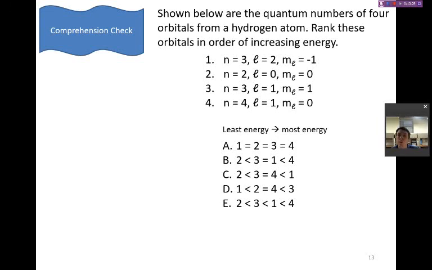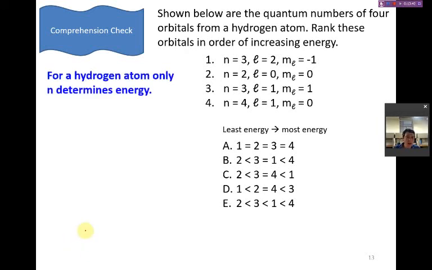So we want to know, for the hydrogen atom, we want to rank them in terms of increasing energy. Remember that when it comes to the hydrogen atom, only the n value determines the energy.